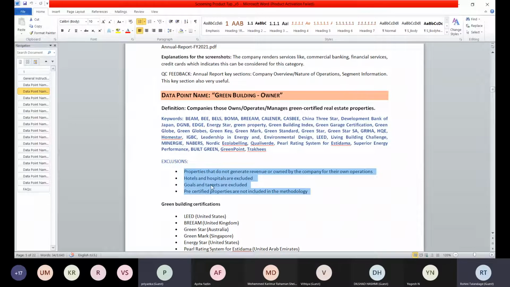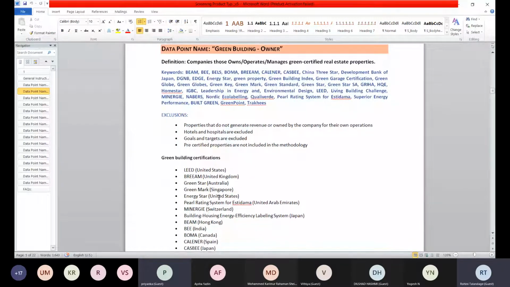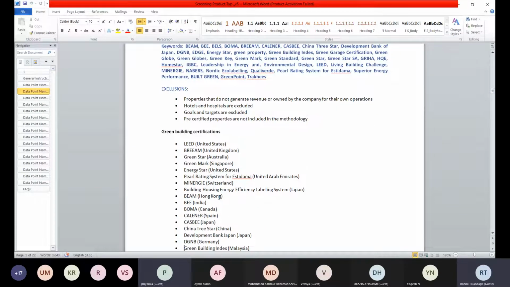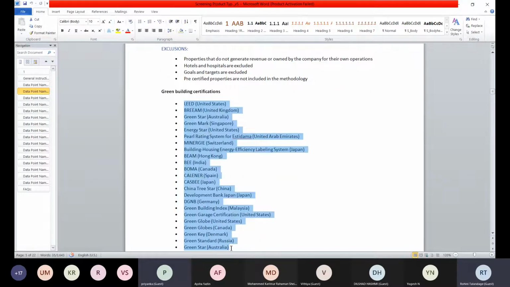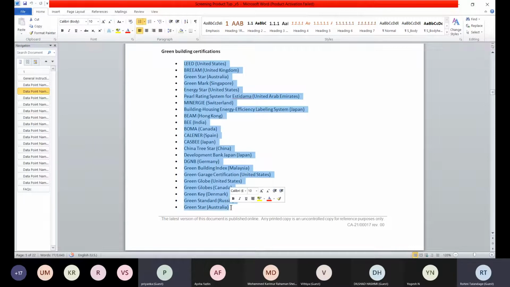Then we have goals or targets. If they are setting any goals or targets related to green buildings, we cannot include that in the green building owner data points, so we mark it as no. And any pre-certified properties, currently they are not certified, they are pre-certified, so we have to mark it as no. These are the exclusions in which case we mark no, and these are the certifications on which basis we can mark yes.